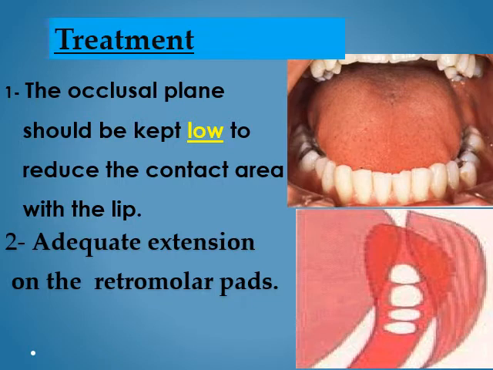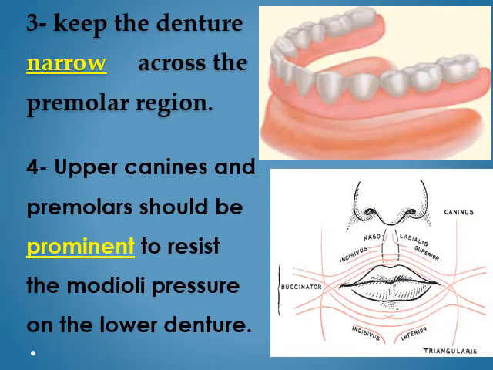Treatment: the occlusal plane should be kept low to reduce the contact area with the lip. Adequate extension on the temporomandibular beds. Keep the denture narrow across the premolar region. Upper canine and premolar should be prominent to resist the modiolus pressure on the lower denture.